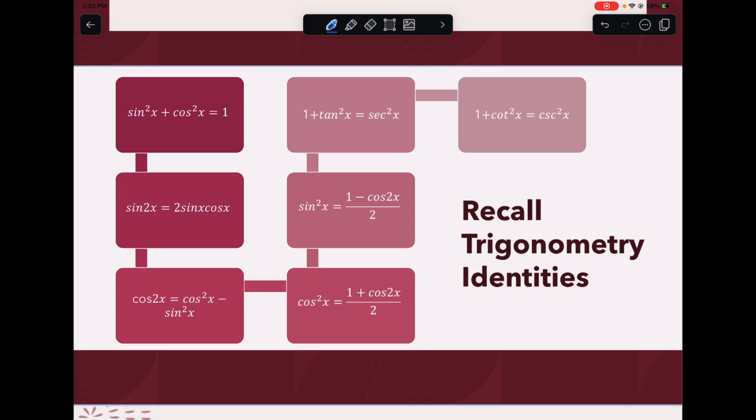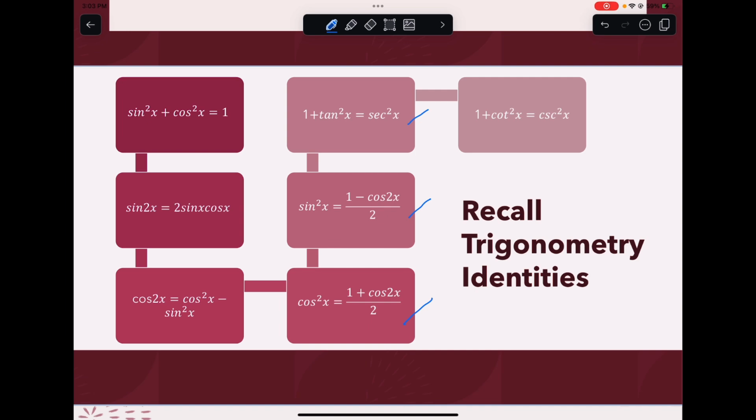But if we have a cosine squared x, because in itself cosine squared x cannot be integrated, most of the time we find its equivalent identity, and the useful identity that we will be using is 1 plus cosine 2x all over 2. This is the same as with sine squared x. The only difference is whenever it is sine, it's minus, and for cosine squared, it's plus.